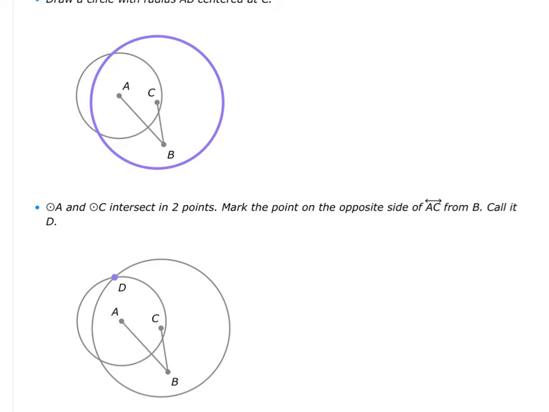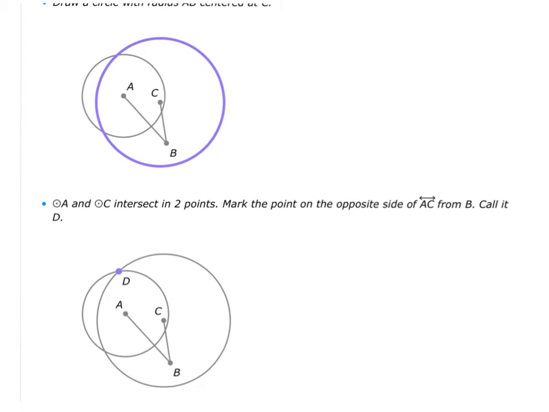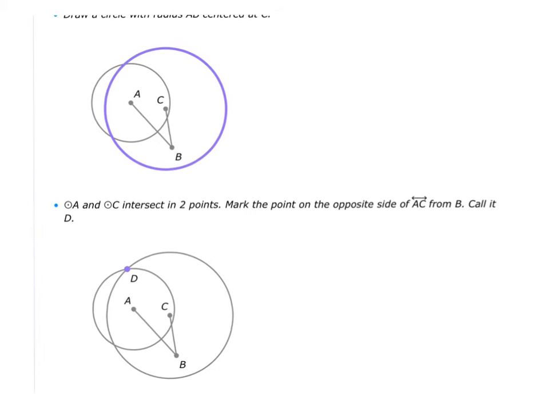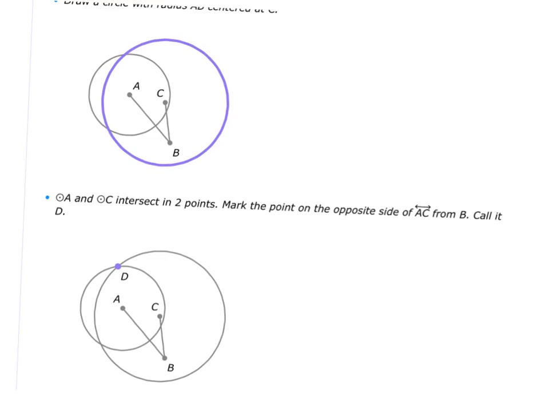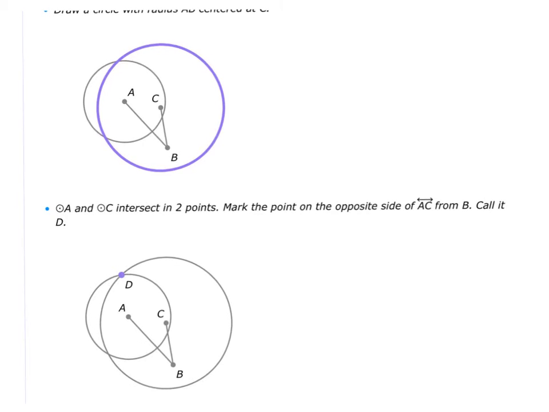Then we'll do the next step. Draw a circle with radius AB centered at C. That's what we want.